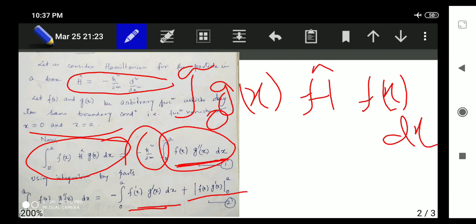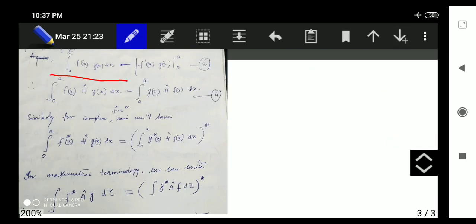So you started with f(x) H cap g(x), and ultimately you got g(x) H cap f(x), the functions interchanged. That means you started with this, and you got this.